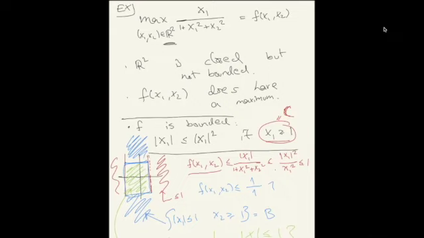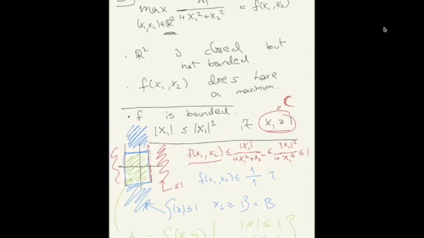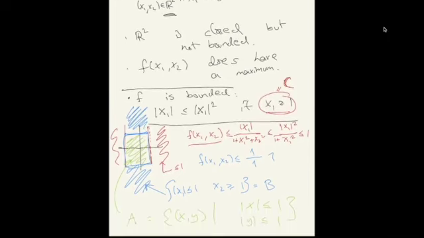And the numerator is now bigger than the denominator, so this whole thing is less than or equal to 1. Great, so we get an upper bound of 1. This is not the best upper bound, but it is some upper bound that we get from this.